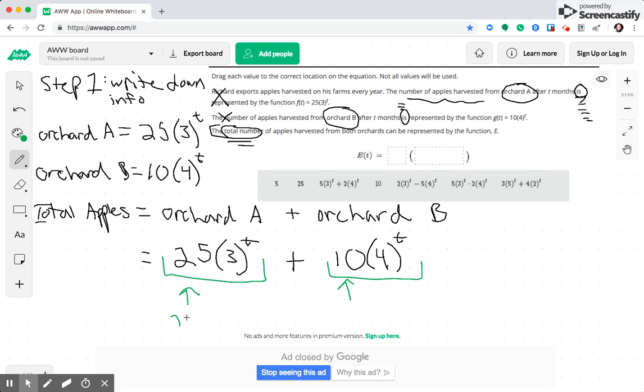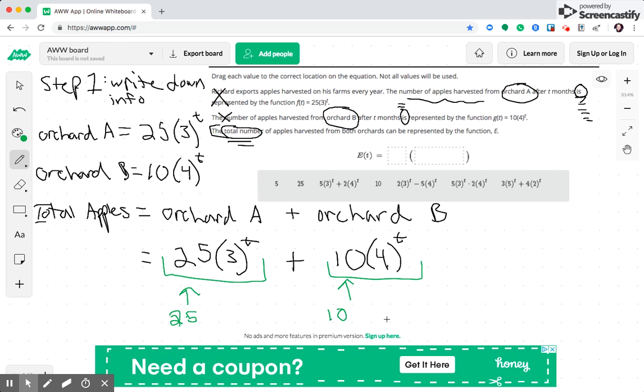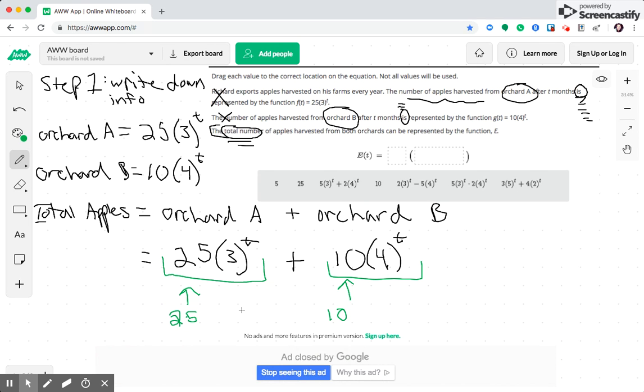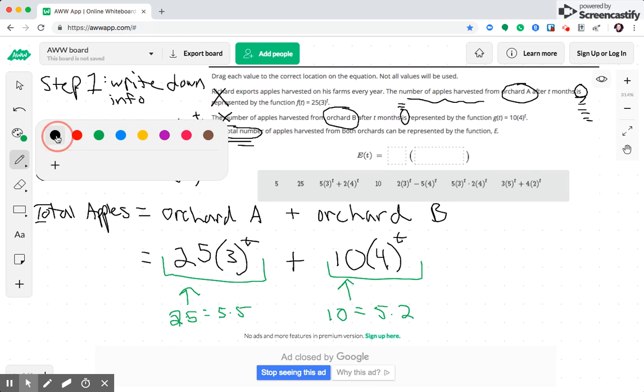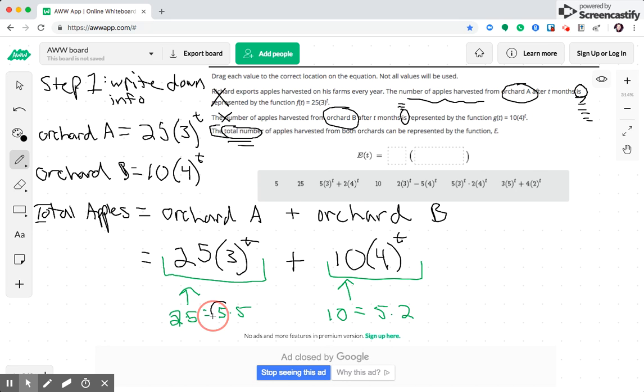So we have a 25 and a 10. If you're not that great at multiples, you could use a calculator, but for time's sake, 25 can be broken up into 5 times 5, and 10 can be broken up into 5 times 2. Sometimes it takes a little longer than this to find the greatest common factor, but I'm just going to show it to you here. Practice makes you better at it. So you can see that the greatest common factor is 5.